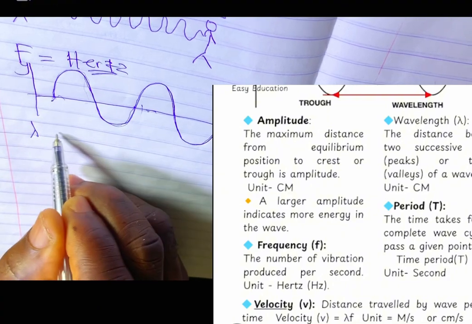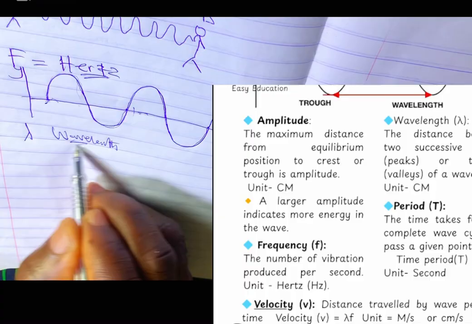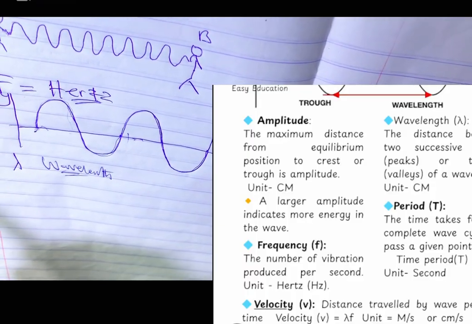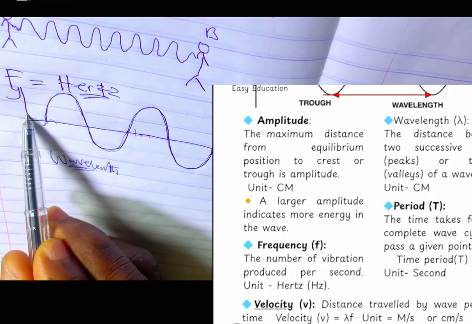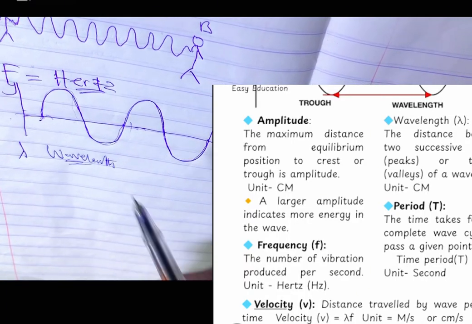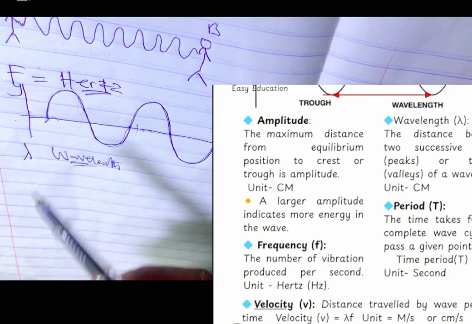Wavelength, which is represented as lambda. Wavelength talks about the distance between 2 successive crests or 2 successive troughs. In our wave diagram, we need to understand what the crest is and the trough.